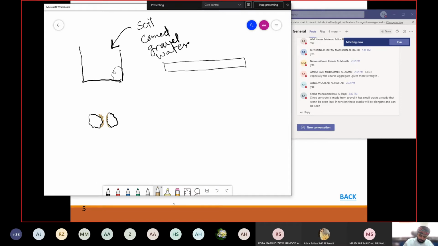The main duty of the sand is to fill the gaps, right? And then what do we have? We have the binding material, that is cement and water, trying to join these elements together.